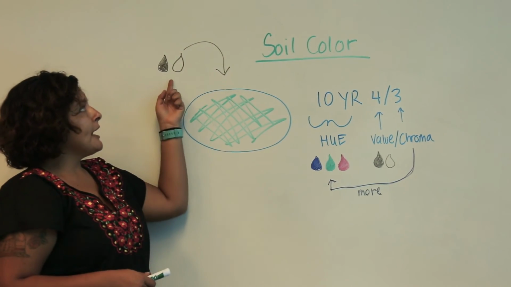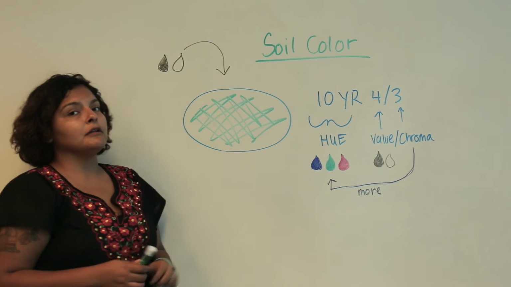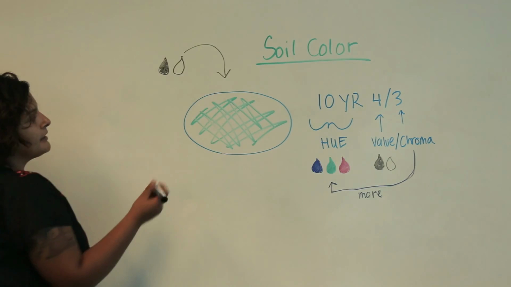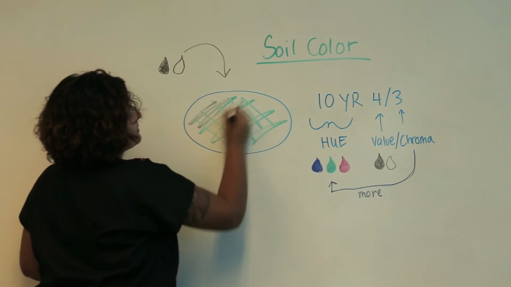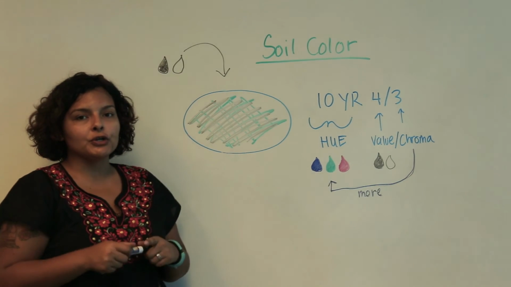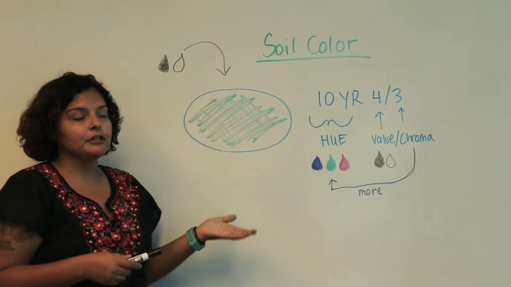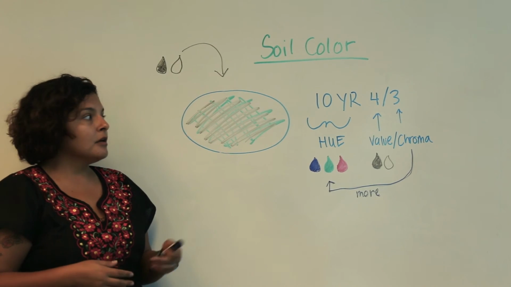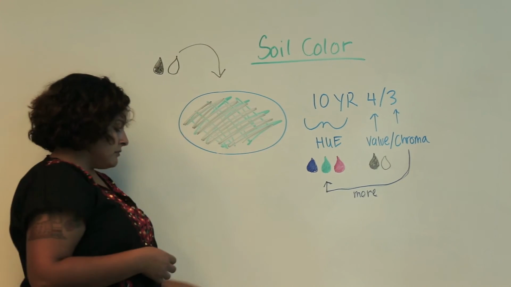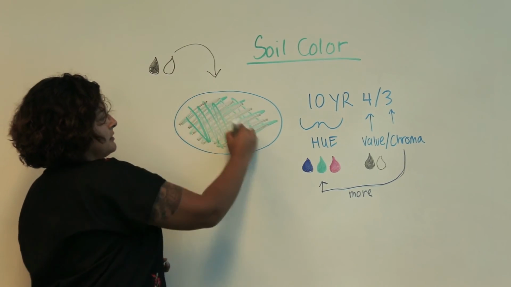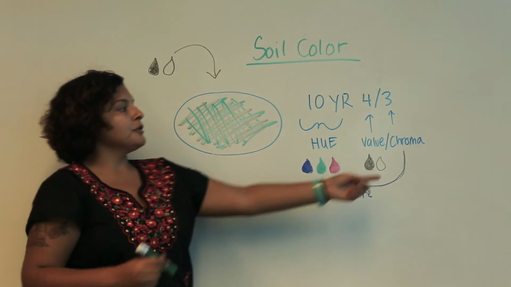But say you were to add in black or white paint, changing the darkness or lightness. If you added black to your paint, you would get a much darker looking green. But say you wanted a little bit more intense color, you would add more of your dominant color, and this would be your chroma.